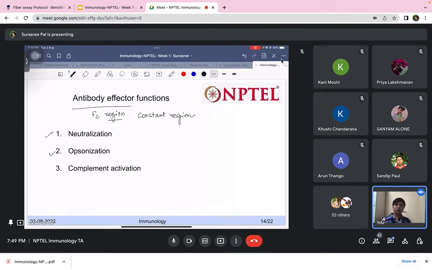So when the antigen is coated by antibodies, this coating activates several complement proteins. And what happens is that it forms a cascade, so it's like one after another, many complement proteins are activated.